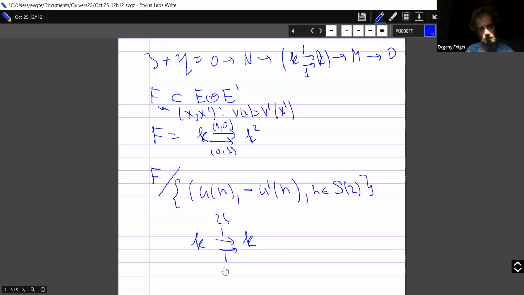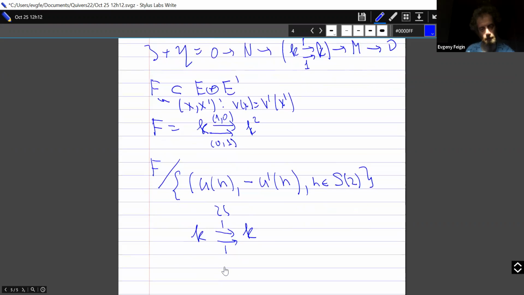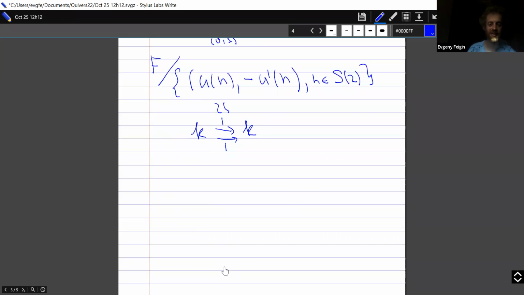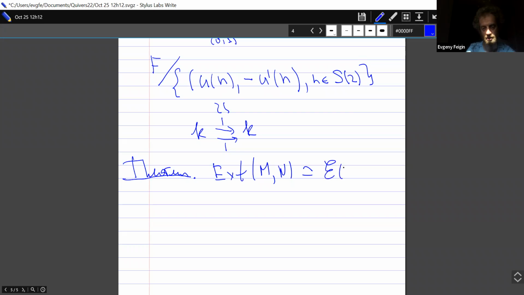Now the expected theorem says that X(M,N) is isomorphic to E(M,N) as abelian groups.